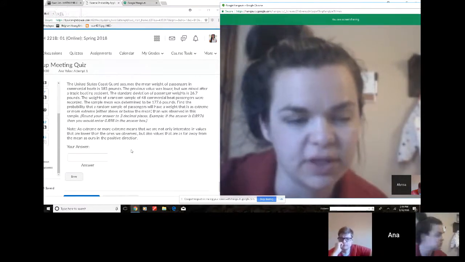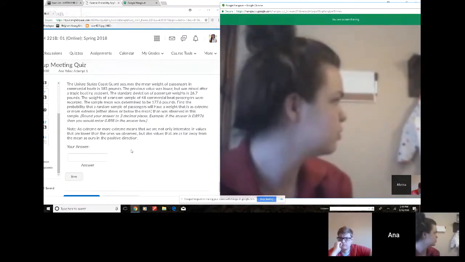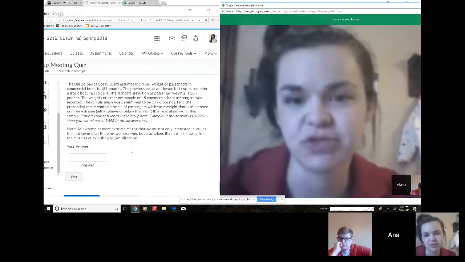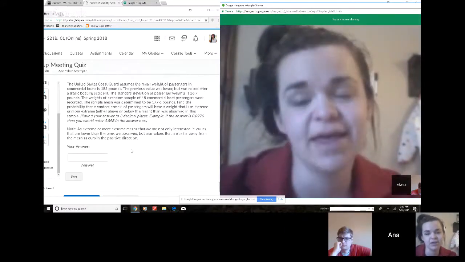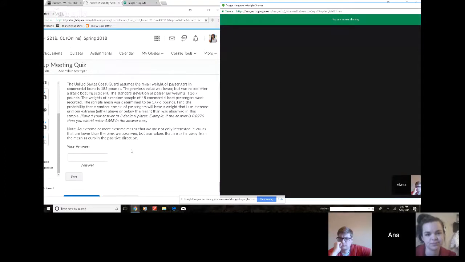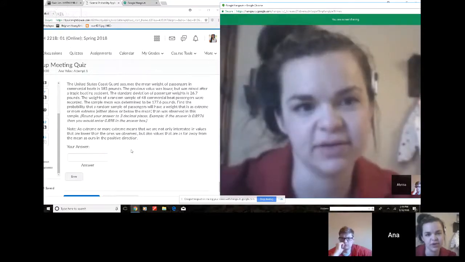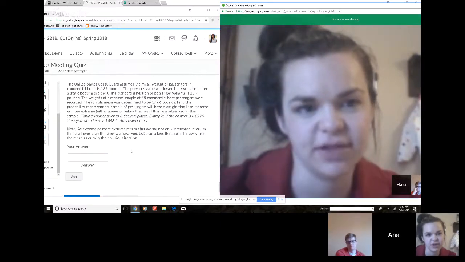No, it gives two. Okay, apparently we're supposed to find two separate z-scores, and then you plug them into the applet, you highlight either side, and then you take both of those and add them together. Apparently. Something like that.